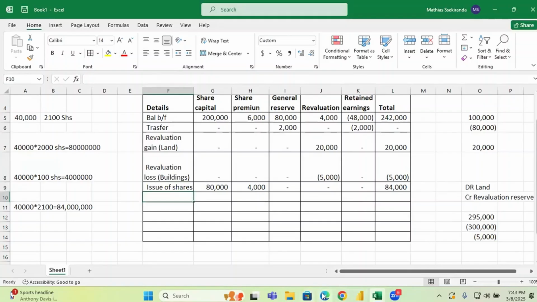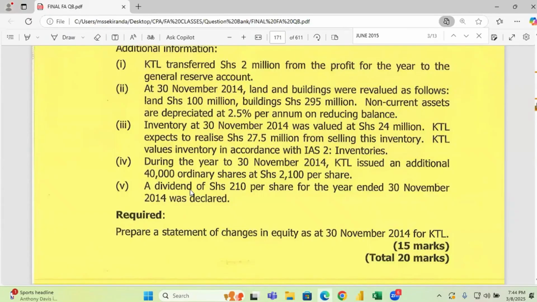Note number 5. A dividend of 210 per share for the year ended was declared. So we have to compute the dividends that were paid out.